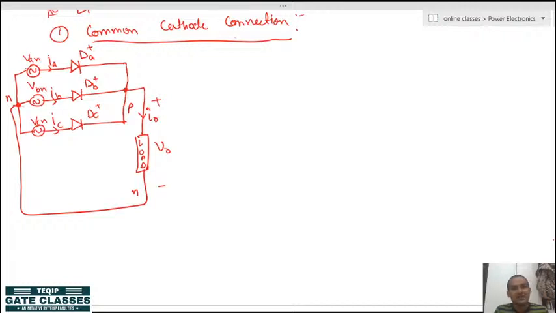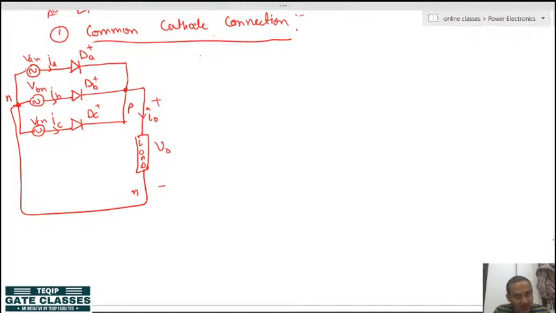Alright, so in simple terms, if you remember in the single phase I also explained that in the positive group, the most positive diode or most positive thyristor will get forward biased.